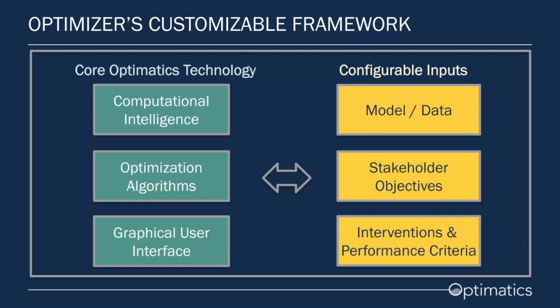So just briefly here, we've split out the core Optimatics technologies versus what changes from problem to problem. On the Optimatics side, we have the computational intelligence. That's really the link between a computational cluster and your ICM model through the Optimizer interface. And that's the piece at the bottom, the graphical user interface for configuration. The piece in the middle here is the algorithms. That is basically how we come up with those many thousands of strategies and which combinations to try.